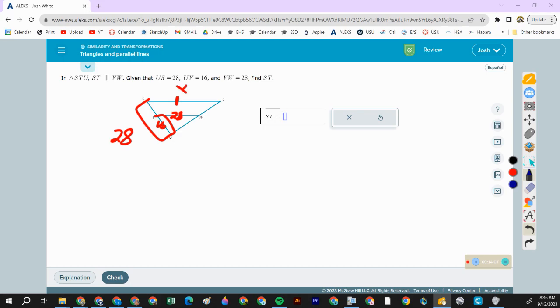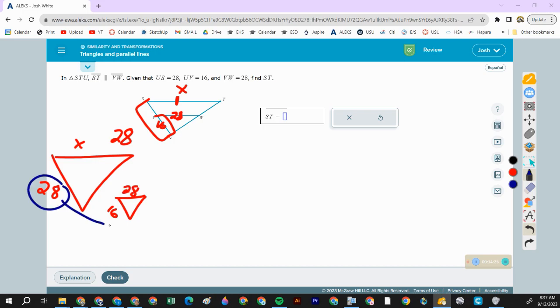So we'll put an X up there. So we have large triangle and small triangle. So 28, X, 16, and 28. So these two are proportional to those two.